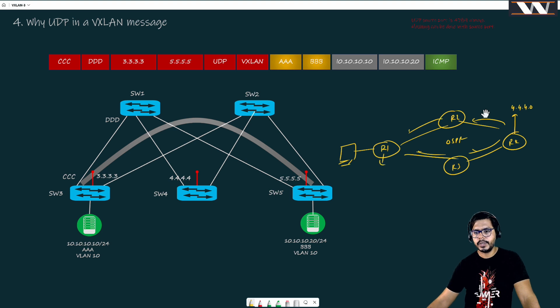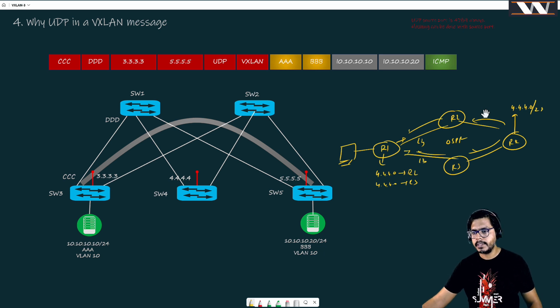So this router is going to have two routes for 4.4.4.0/24, via R2 and via R3. And because these are layer 3 interfaces, both can be up. The packet can go from here also and here also.